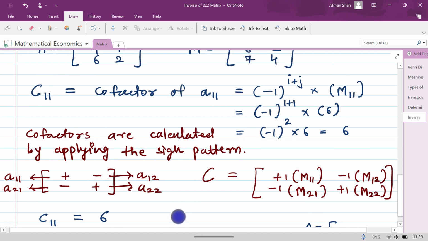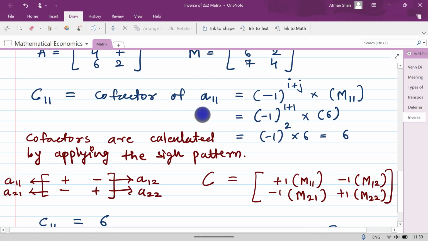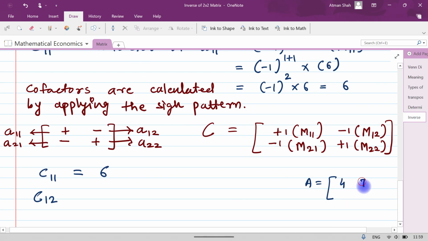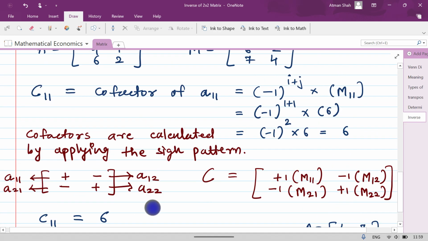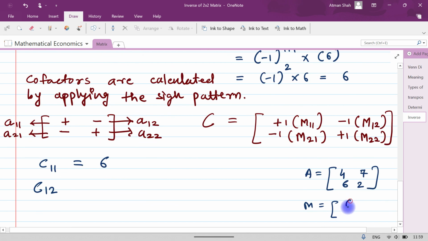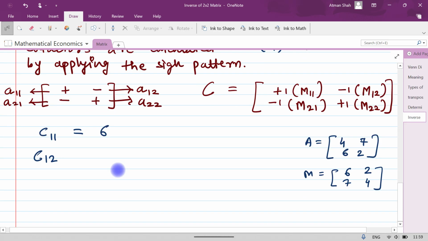So our matrix is 4, 7, 2, 6, and minor is 6, 2, 7, 4. So C12 is minus 1 into M12.